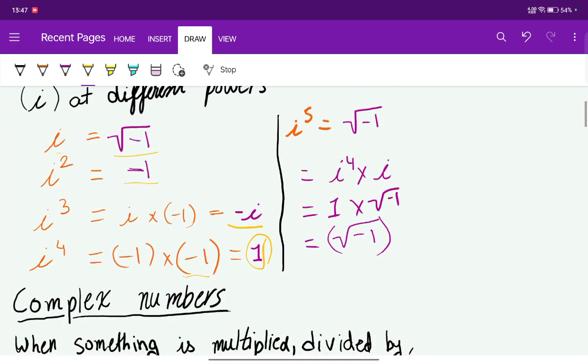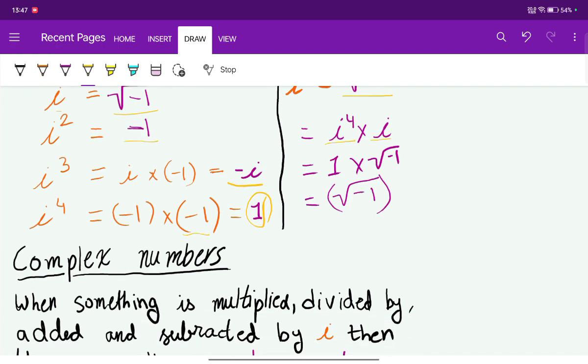And then i to the power 5 is just equal to square root of -1, since it is equal to i to the power 4 into i, which is equal to 1 into square root of -1, which is equal to square root of -1.